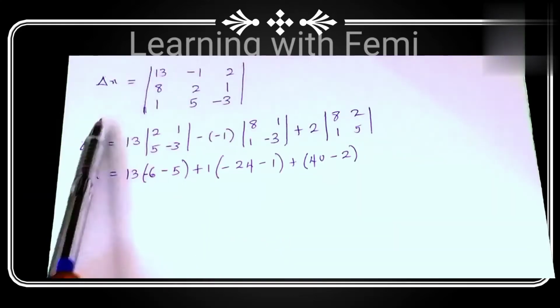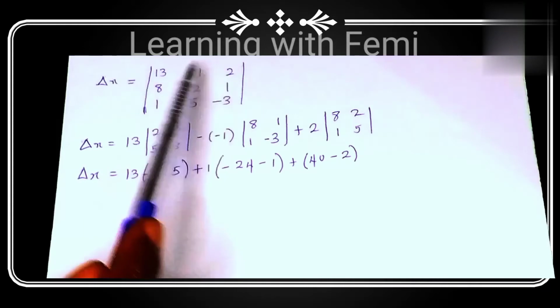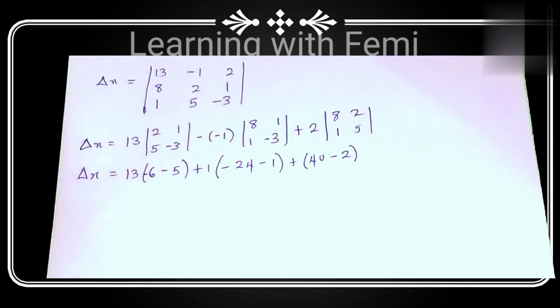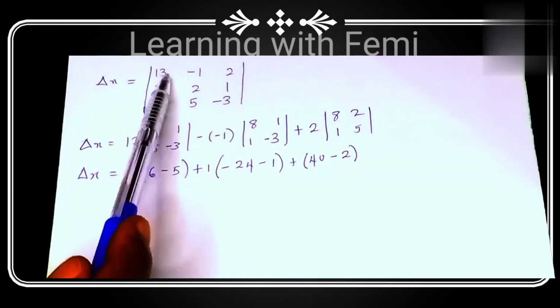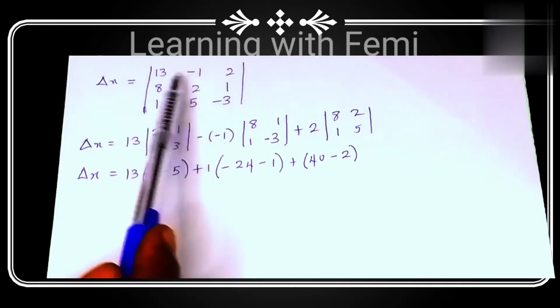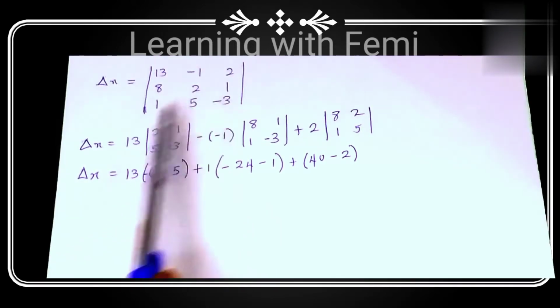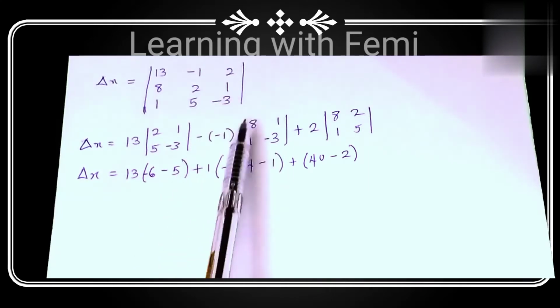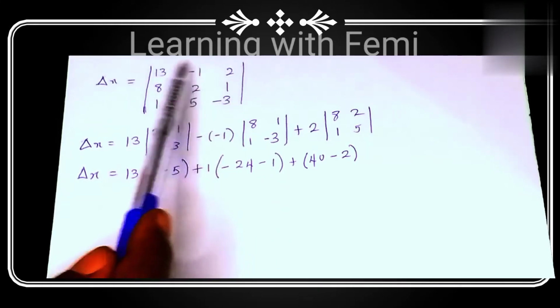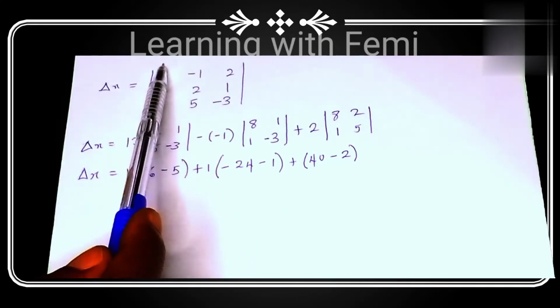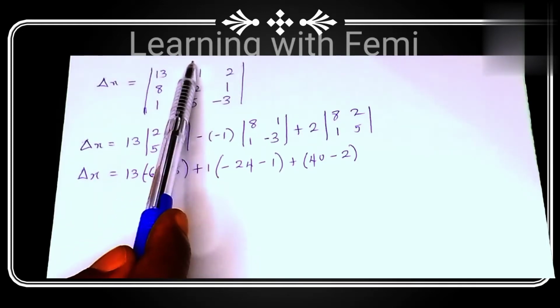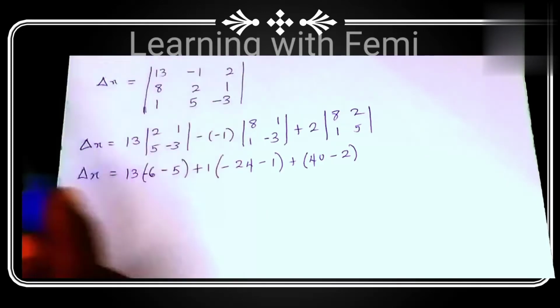Now we solve this matrix the same way we solved for delta, which is change the other time. This time 13 stands out. Then the rest, having closed this part and closed this part, we have 2, 1, 5, minus 3. That's what we have here. Now, for minus, because this column will carry plus, this column will carry minus, and this column will carry another plus.